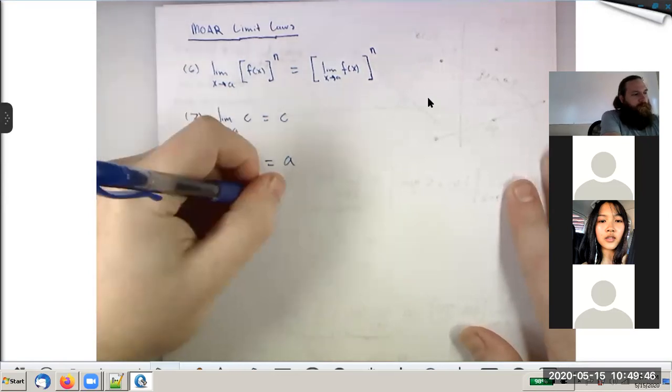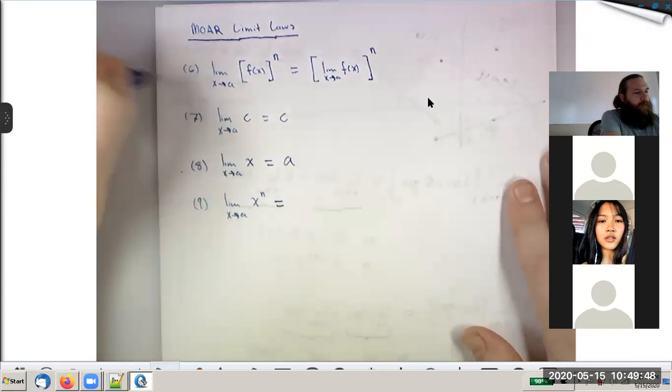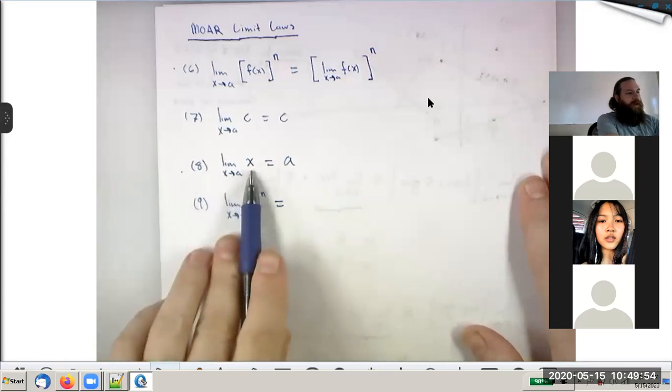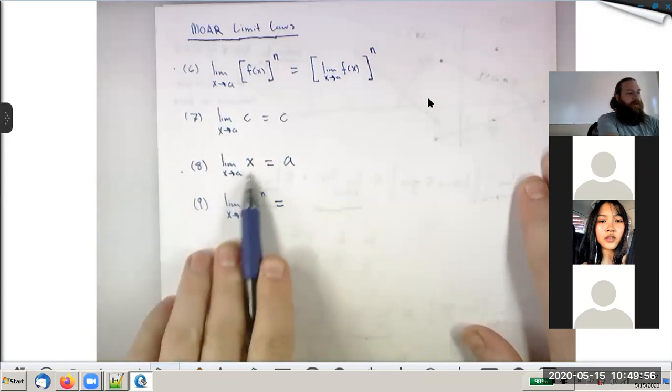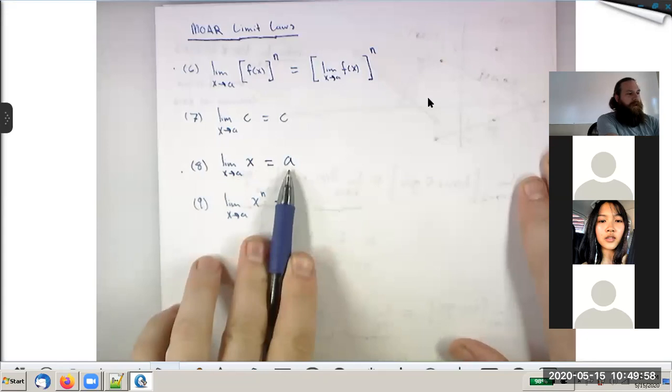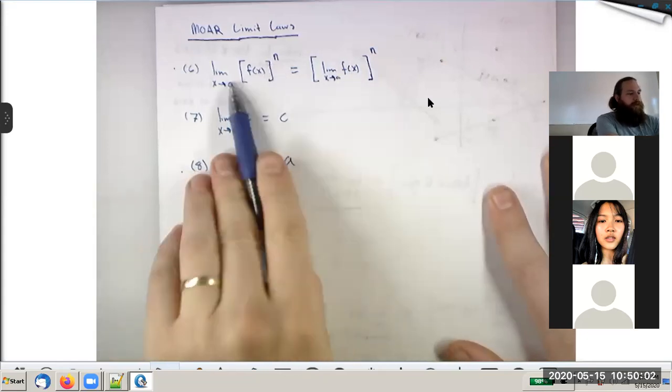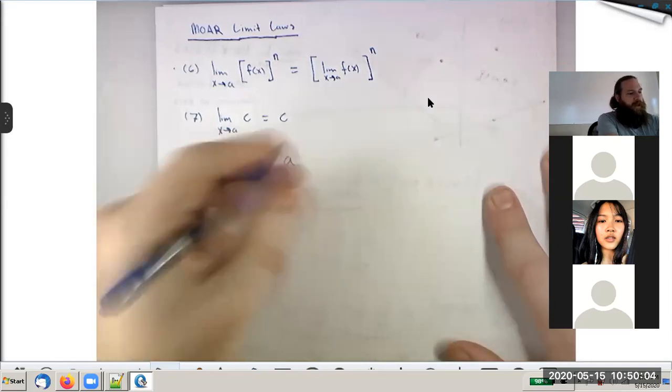Number 9 is really what we get by combining number 8 with number 6. If the function x all on its own, as x approaches a, goes to a, and I can take a power of a limit like this, then this should go to a to the n.